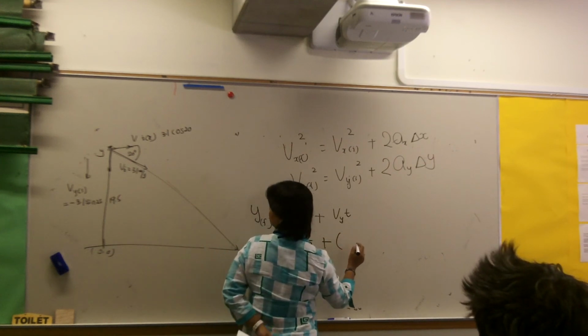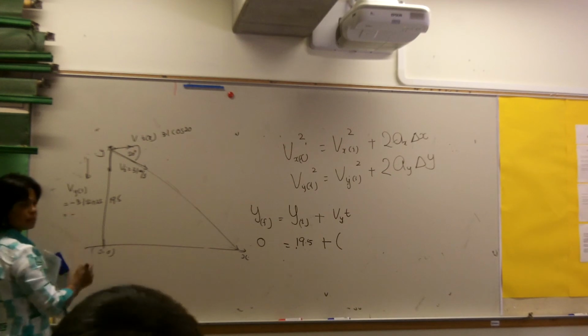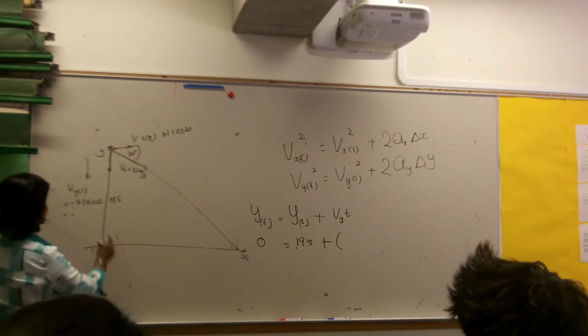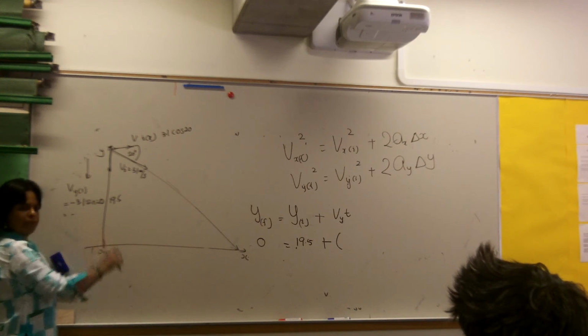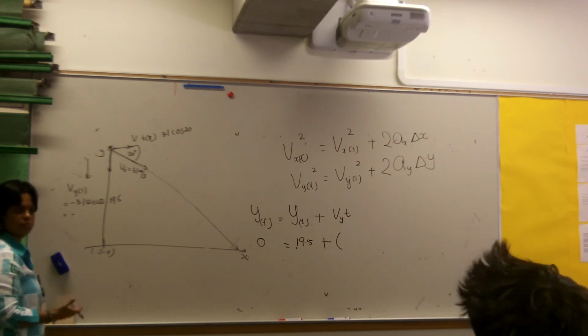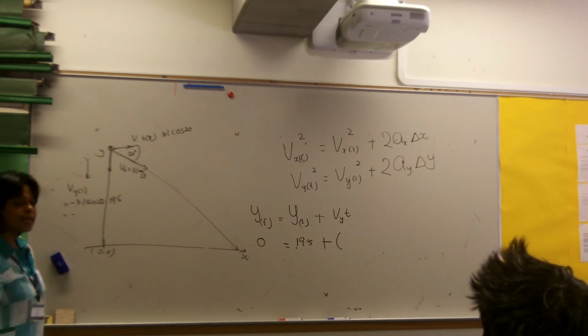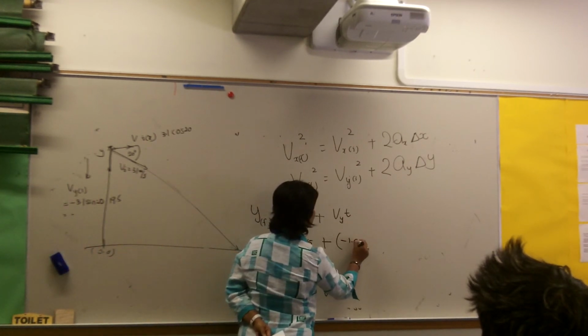Negative 3.1 sine 20, which is negative 1.06.